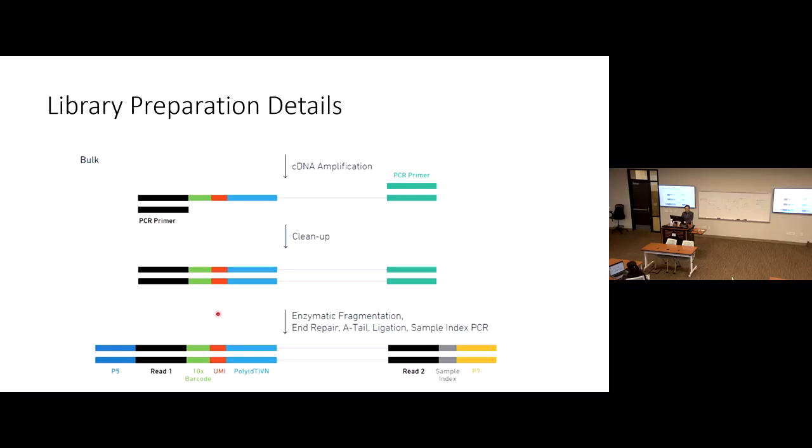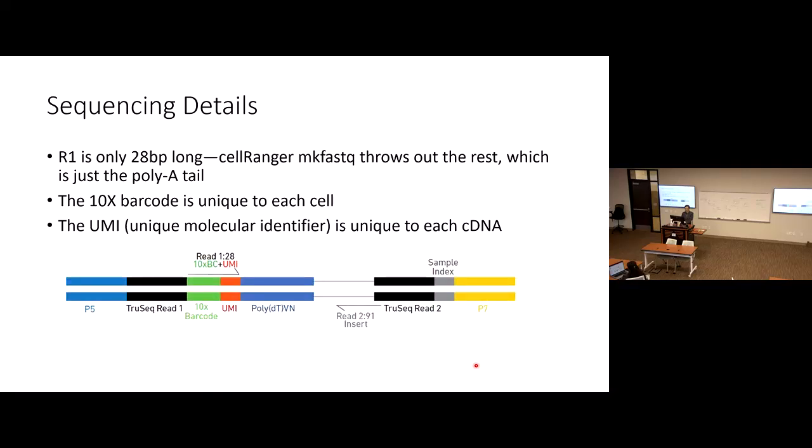You have the forward strand and the reverse, read 1 and read 2, with this information in there. That will be your forward, and this will be reverse.